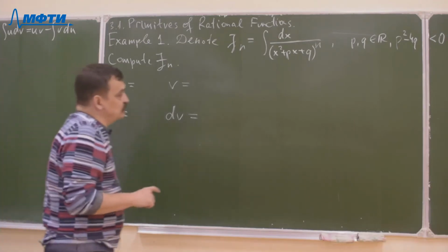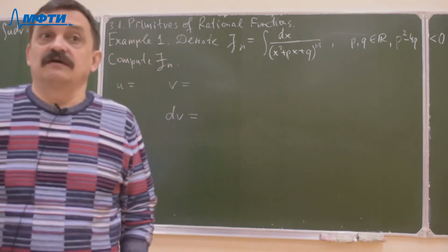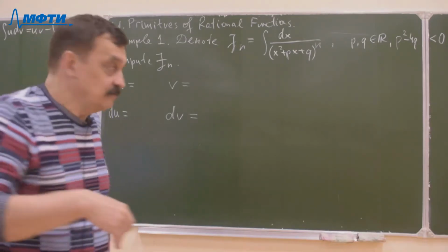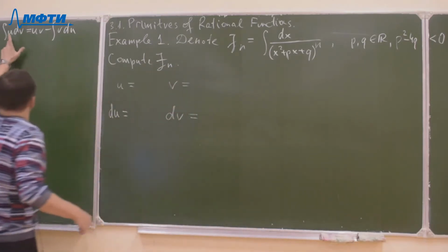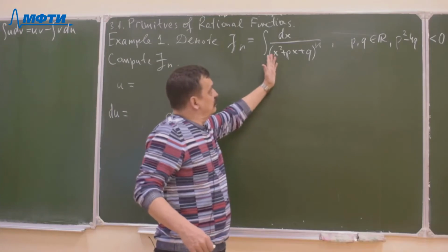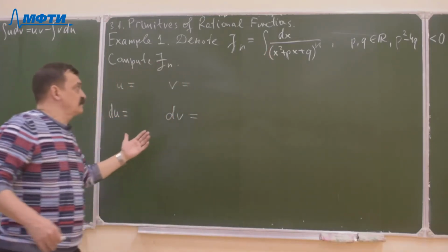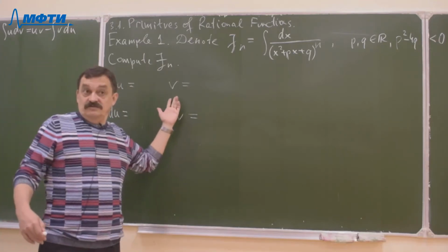Of course, dv should be chosen in such a way that you can easily find v. So you choose u and dv, and your choice should be good in the sense that you can easily find v.